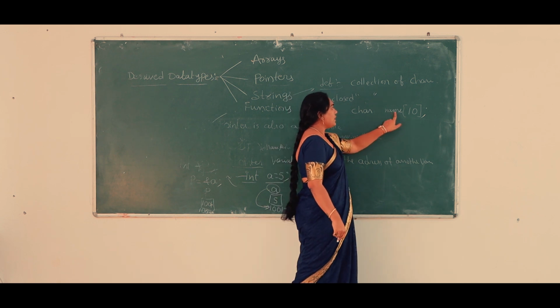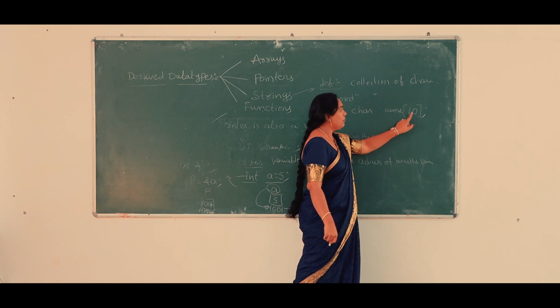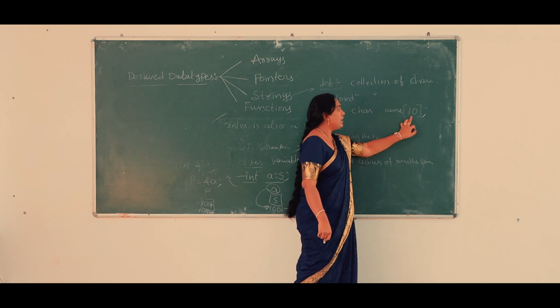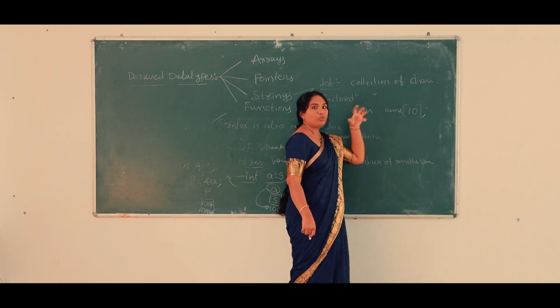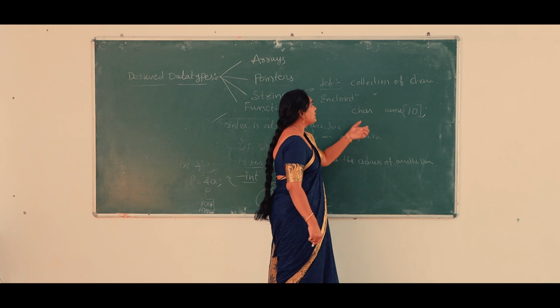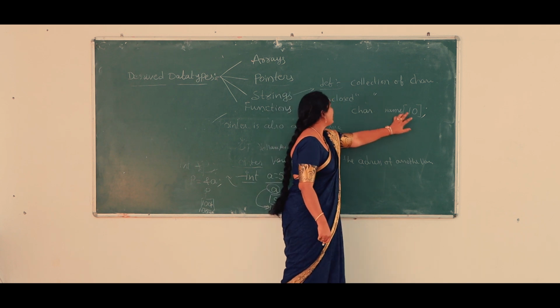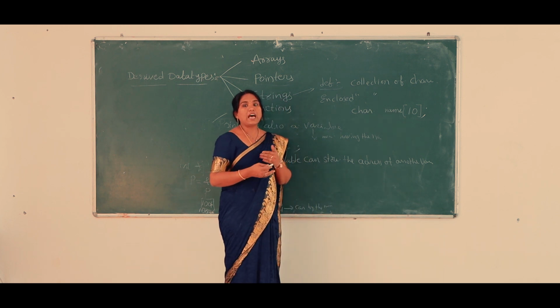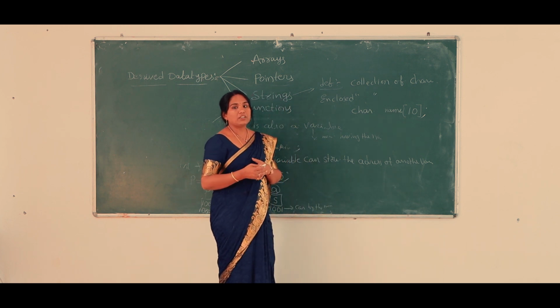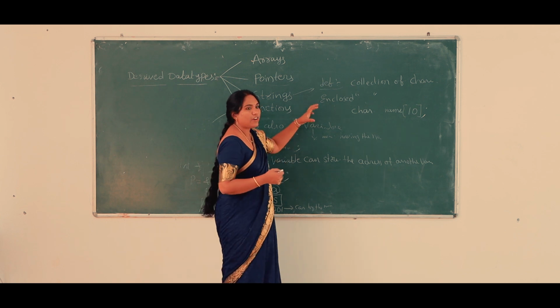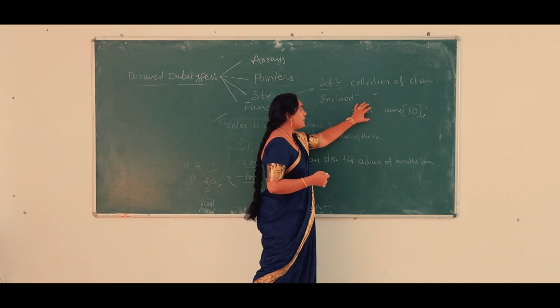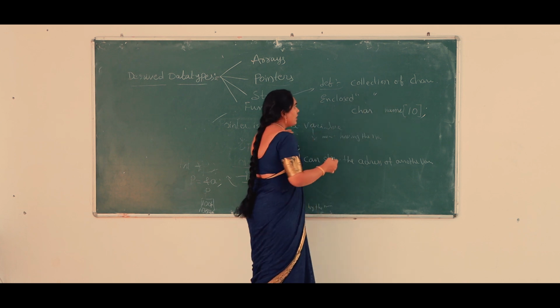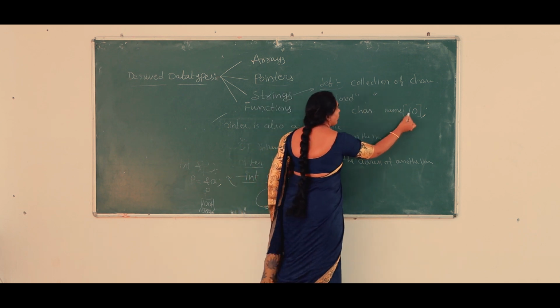We know name is a variable, and which type of variable? Array type of variable. What is the size of this variable? 10. It can store 10 characters, a group of characters. When it is a group of characters, automatically it is called a string. So the string and the array have a relation. Not only a relation, the string can be defined in the form of the character data type by using arrays. The example is character name of 10.